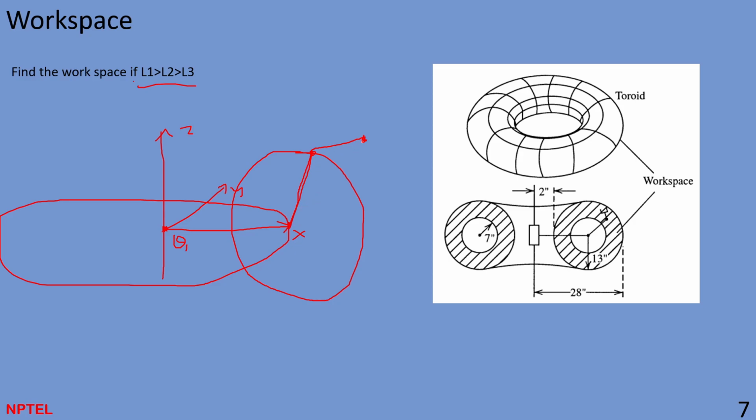If you draw the same thing for the last link, this is the workspace. When you do something like this, you need to reach the maximum position.